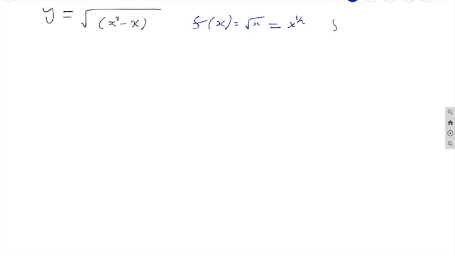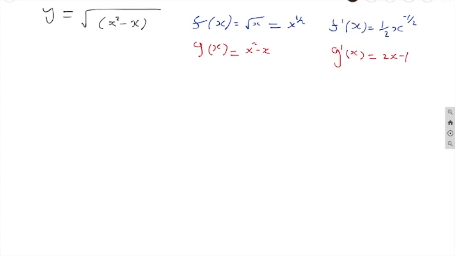And therefore we can see quite comfortably that f prime of x is equal to 1/2 x to the power of minus 1/2. And our function g of x is equal to x squared minus x. And therefore we can see that g prime of x is equal to 2x minus 1.